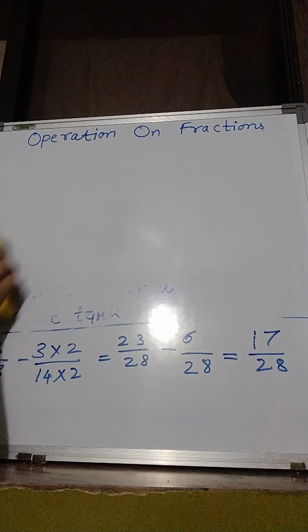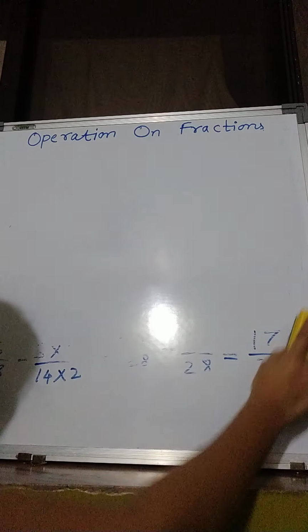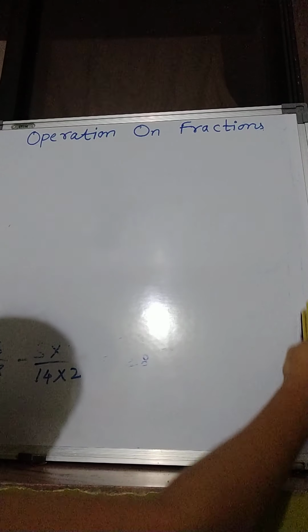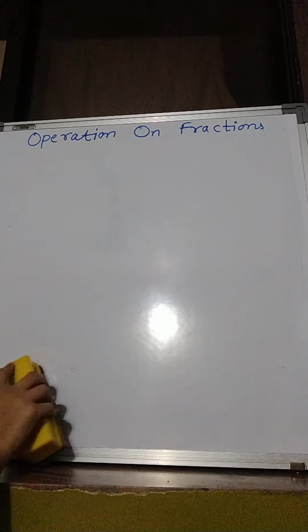Everyone take out your scale first. Everyone has a plastic scale at their house. Take it out and see in between 1 and 2 how many small lines are there. If you observe, there are 10 small lines between two complete numbers, right?